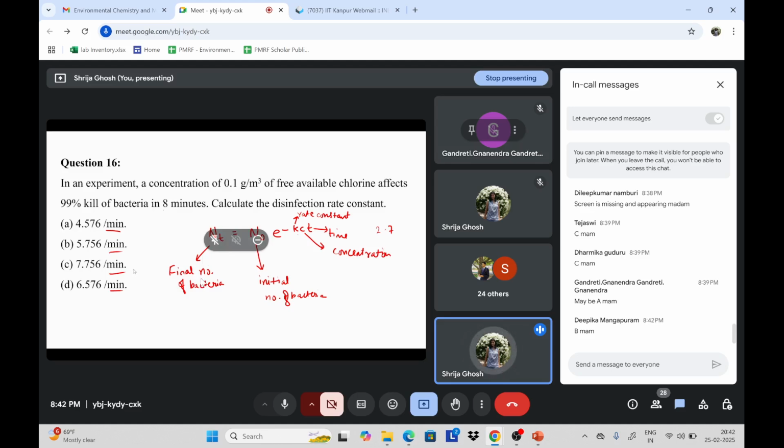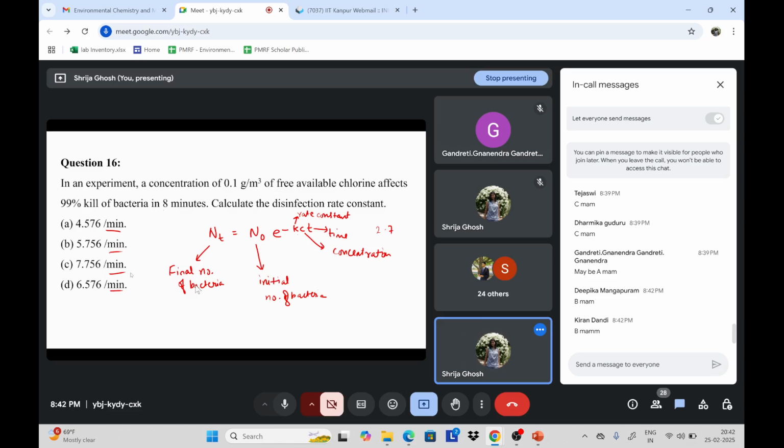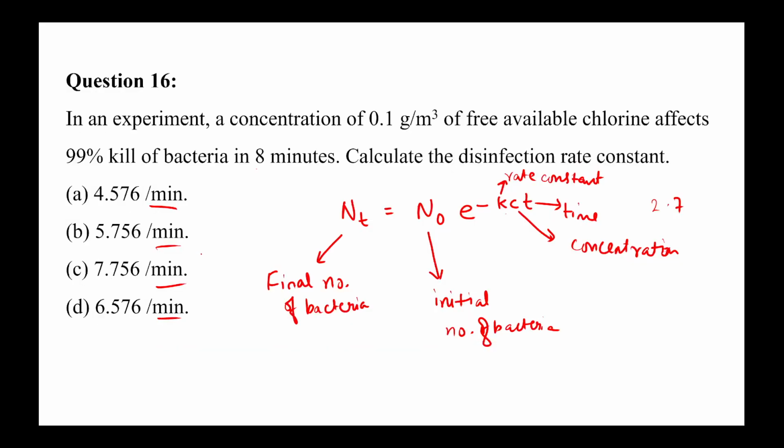Tejasvi, Dharmika, you have answered option C. Okay, I'm getting more and more option B now. Kiran has answered option B. What about people who have answered option C and option A? Are you actually getting those answers? The correct answer is option B.